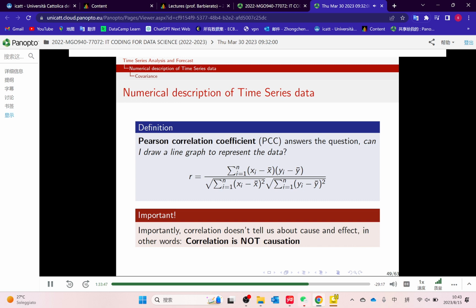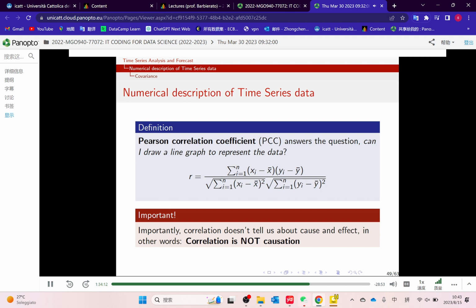I might be interested in studying the correlation, but I might be tempted to say that one somehow is influencing the other. In other words, I might be tempted to say that there is also a causal correlation between these two entities. Maybe one is causing some effects on the other.